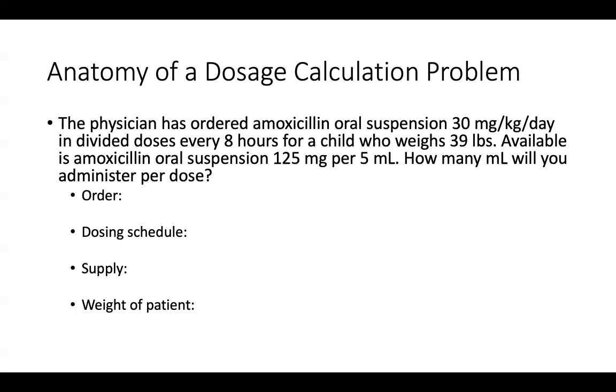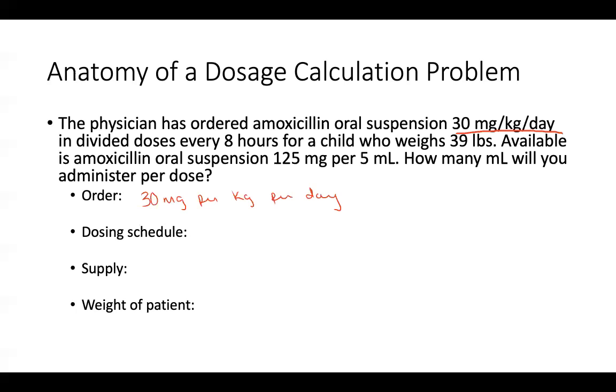Okay, so again, let's look for the order. The order is amoxicillin oral suspension, 30 milligrams per kilogram per day. So I'm going to write 30 milligrams per kilogram per day.